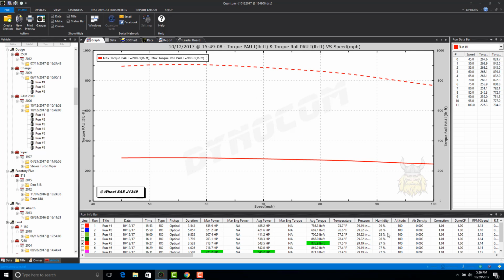If you look down here on run 5, we had an RPM to speed ratio of 3.14. If you multiply 288 times 3.14, it may not surprise you that you get 908.